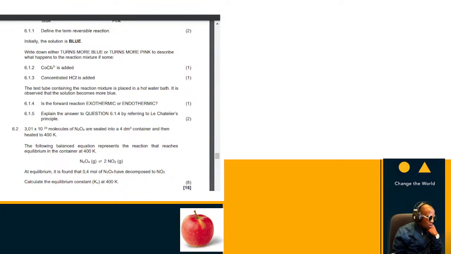Because 1 mole is equal to 6.022 times 10 to the power 23 atoms or molecules. But here we're given molecules. This is per mole, guys.